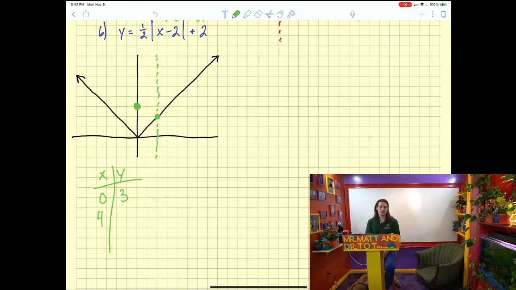The absolute value of 2 is 2. 2 times 1/2 is 1. 1 plus 2 is 3. So at 4, I'm going to also be at 3. So this function is going to look like this. If you have any questions, then please let me know.